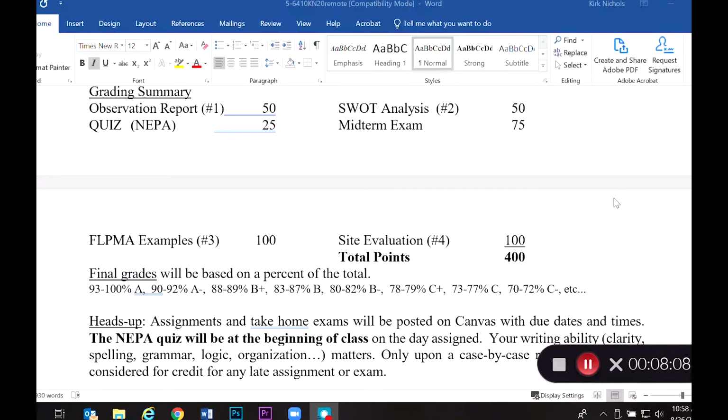A big part of this class is the FLPMA assignment. That's well explained, and I have to divide that up so that not everybody's doing the same parts of FLPMA. So that's in the assignment section. And you're also doing a site evaluation based on the DAL readings that you'll be doing.